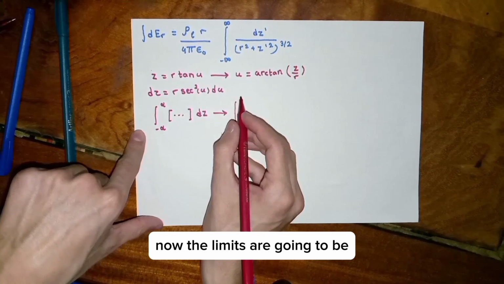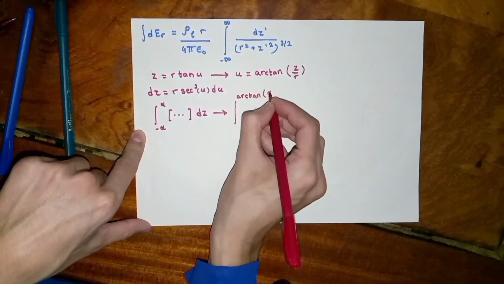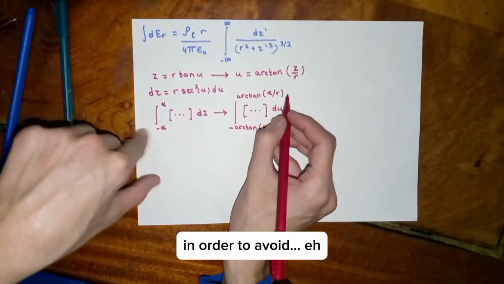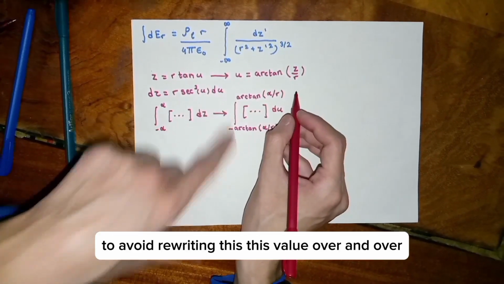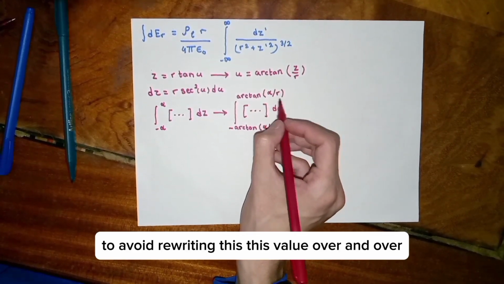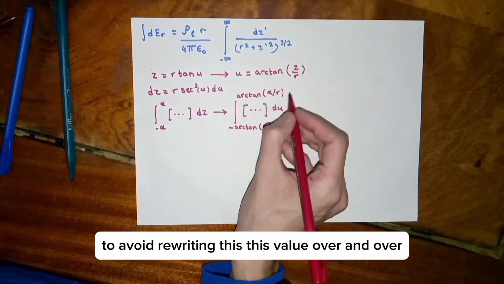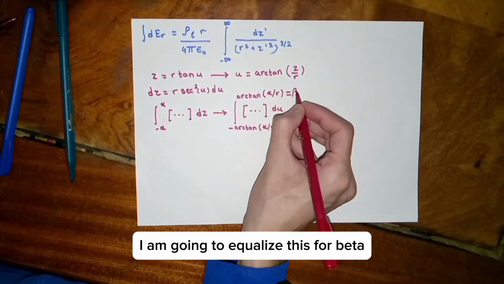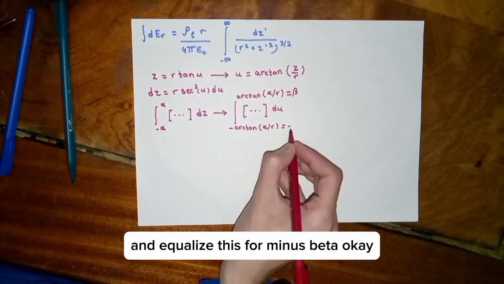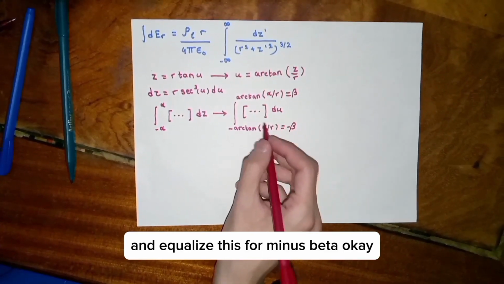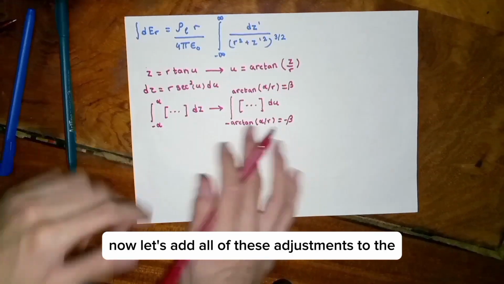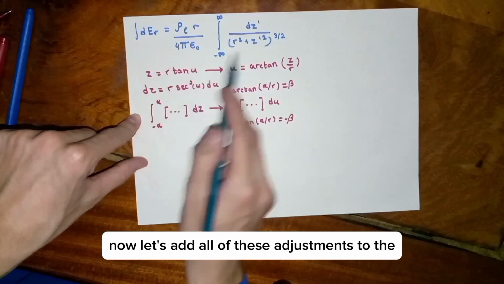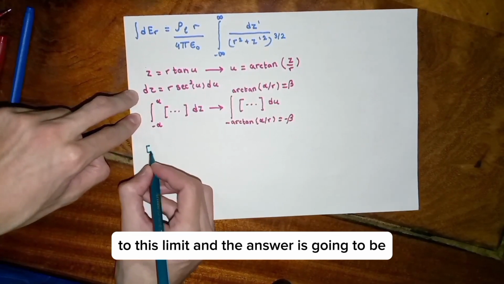Now the limits are going to be, in order to avoid rewriting this big term over and over, I am going to equalize this for beta and this for minus beta. Okay, now let's add all of these adjustments to this limit, and the answer is going to be.